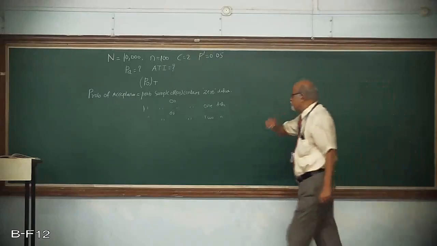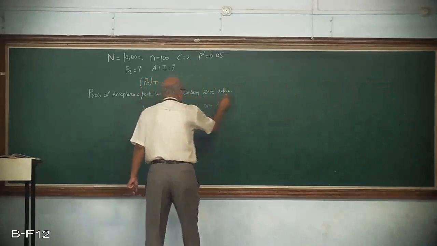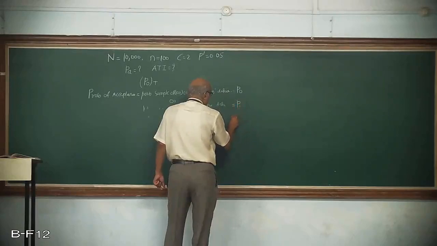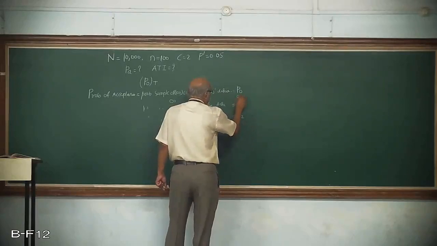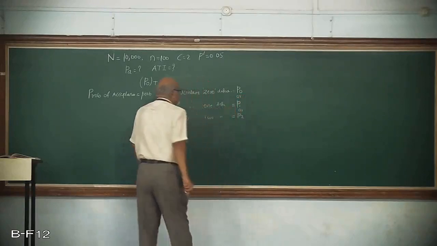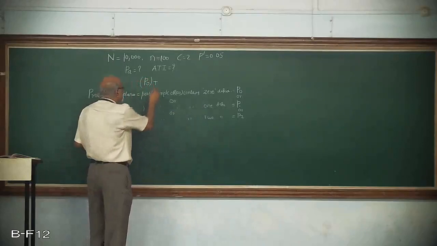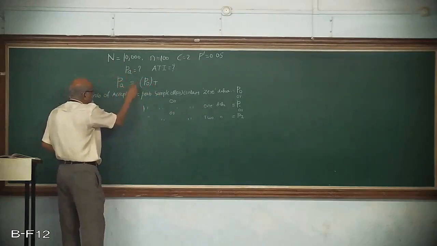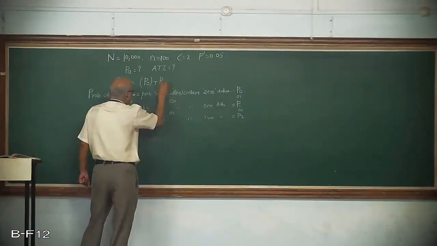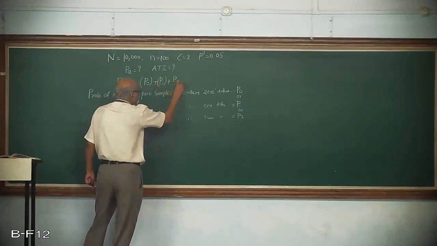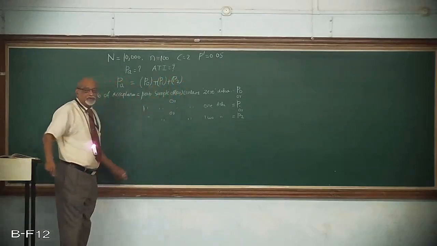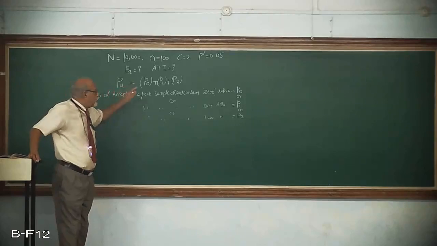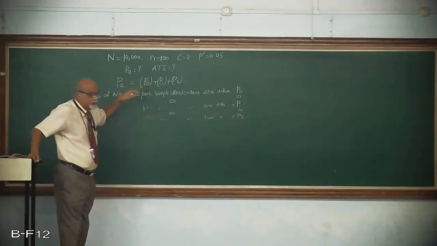If I denote the probability that a sample contains 0 defective as P0, 1 defective as P1, and 2 defectives as P2, then or means they should be added. So if I denote the probability of acceptance as PA, then PA is equal to P0 plus P1 plus P2. This will give us the total probability of acceptance. Now how do we calculate the probability that it contains 0 defective? Okay.